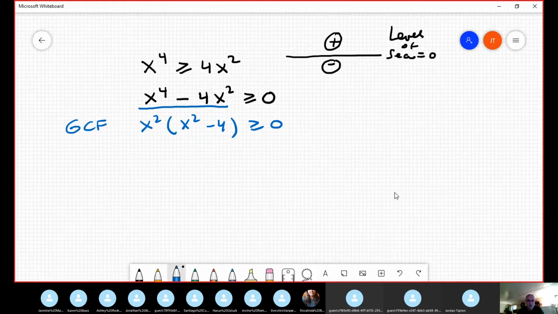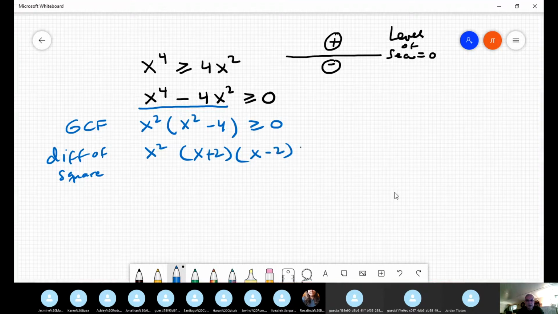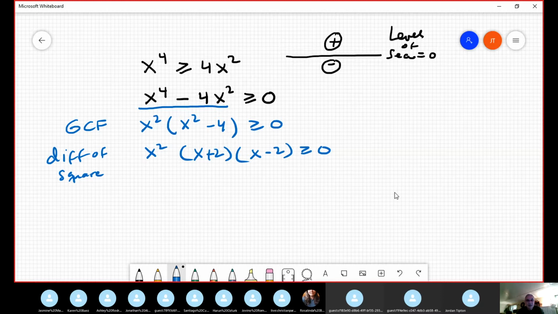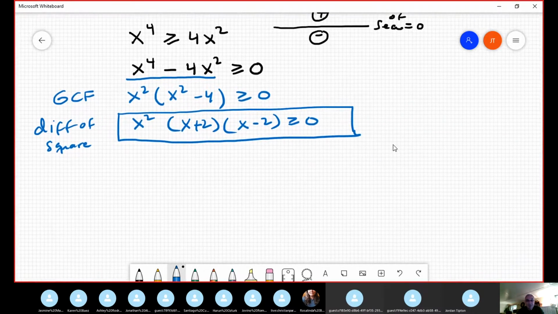And you have the difference of squares, and the factorization is x squared times (x plus 2)(x minus 2), because I need to factor completely this expression. And this is my new inequality ready to analyze. Okay.